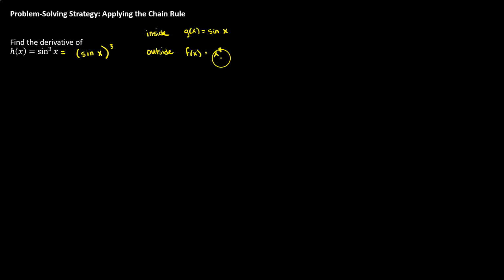Now this is pretty similar to the first example we did in this section, except we've reversed the inside and outside functions. Notice that if I do f of g, where g is plugged inside of f, I get back the original function here.